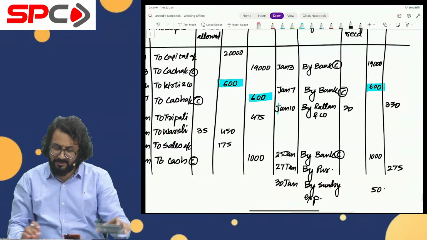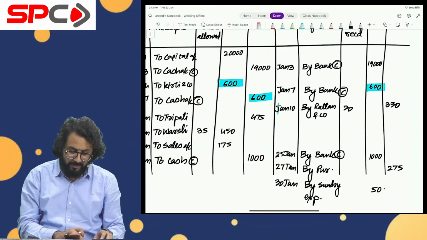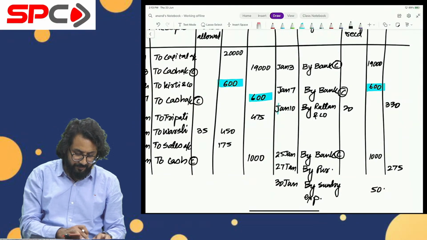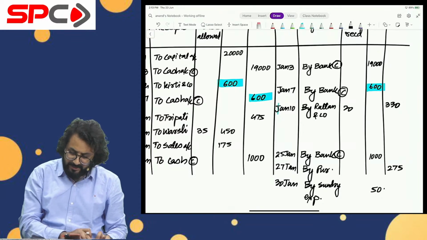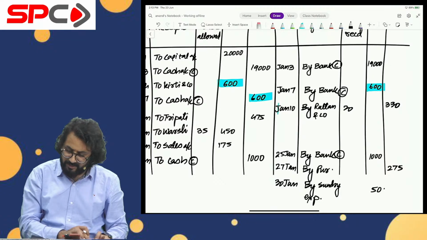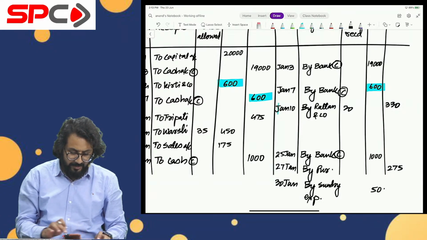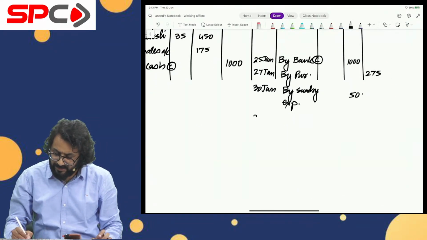Please calculate the balance, boys and girls. So I've got 20,000 plus 600 plus 450 plus 175 minus 19,000 minus 600 minus 1,000 minus 50, and the answer is by balance carried down.